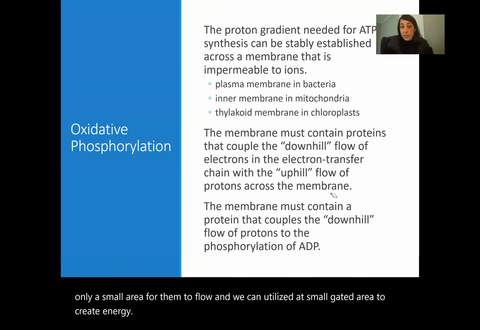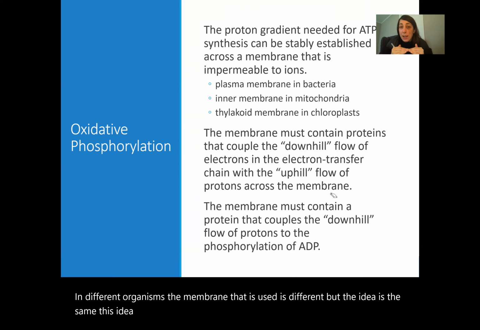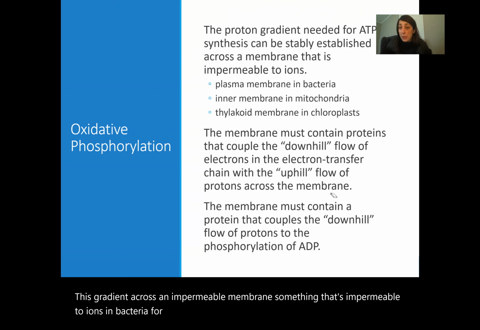In different organisms, the membrane that is used is different, but the idea is the same. This idea of creating this gradient across an impermeable membrane, something that's impermeable to ions. In bacteria, for example, it actually happens in the plasma membrane.